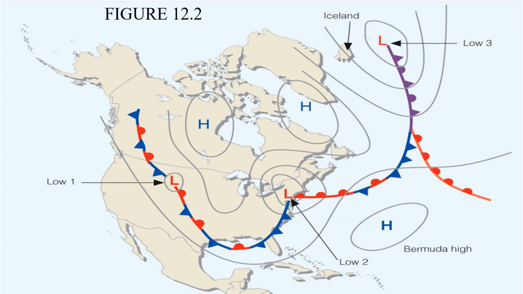The polar front itself has developed into a series of loops, and at the crest of each loop is a cyclonic storm system.